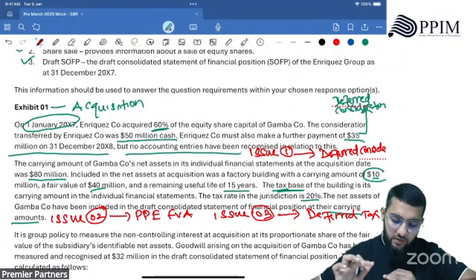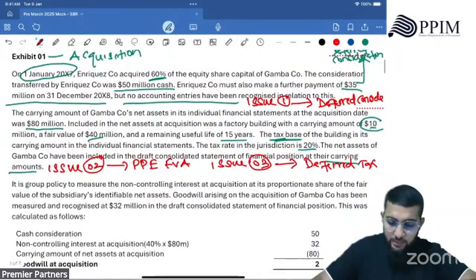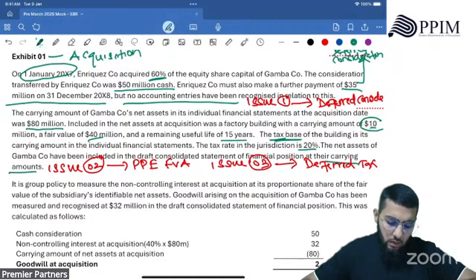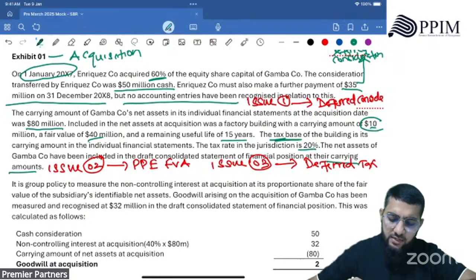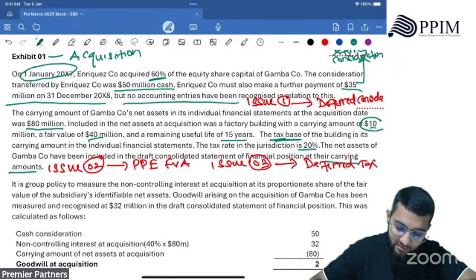Deferred tax is also there. Then read further. It is group policy to measure the non-controlling interest at acquisition at its proportionate share of the fair value of the subsidiary's identifiable net assets. Proportionate share of the fair value of the subsidiary's identifiable net assets. That's the issue number 3. Okay. Proportionate method is what they're using.